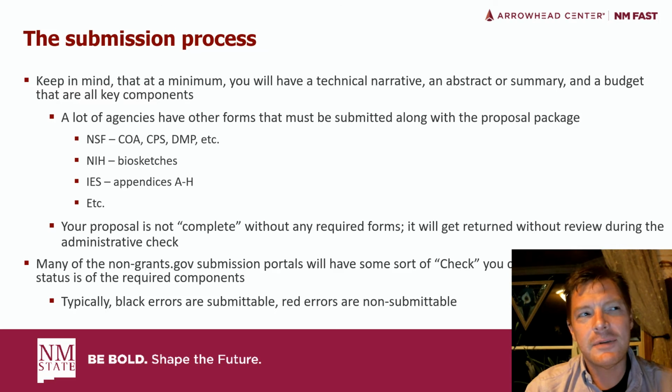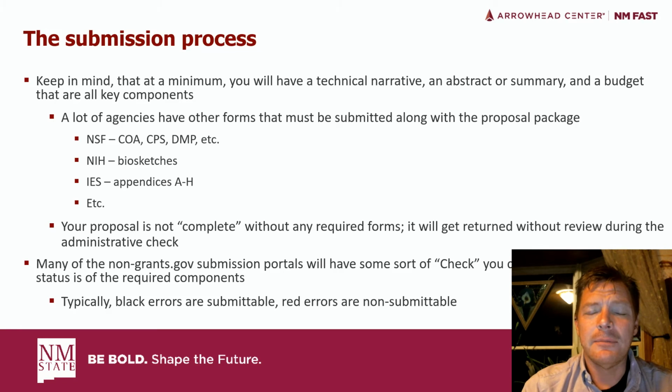To kind of combat that, a lot of these agencies that aren't the grants.gov submission portals will actually typically have some sort of check you can run, where you hit a button and it'll actually go through and it'll say whether it's complete, whether there are any errors.